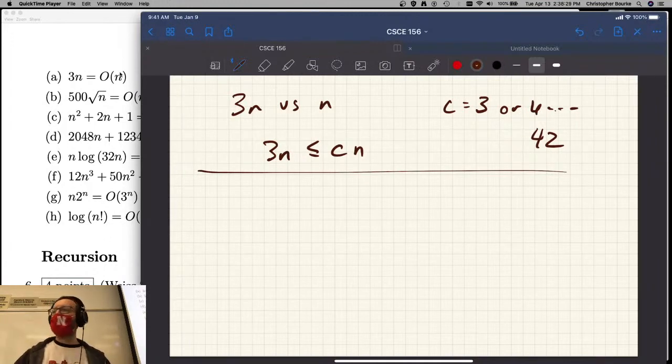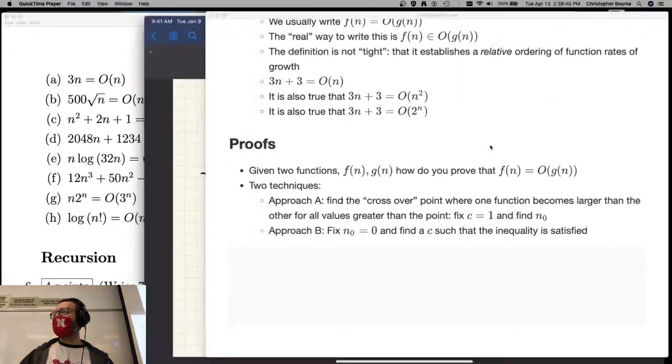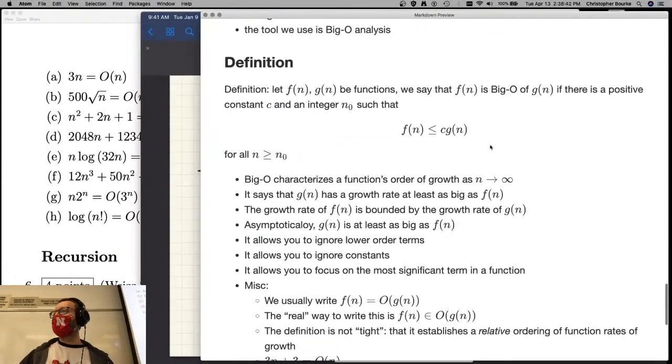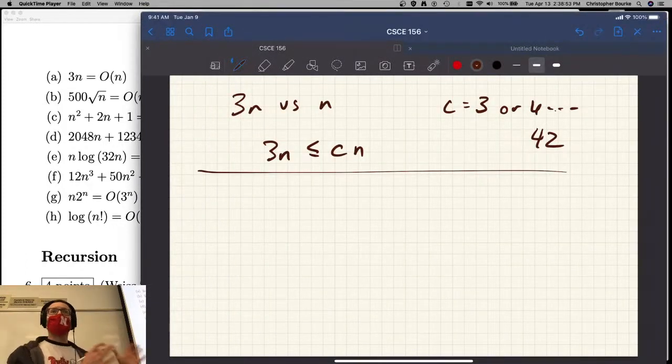Would it be more valuable to express C as an inequality? It's certainly going to be true, but that's not what the definition is. The definition fixes C, and then for all n greater than or equal to n naught. That's where the inequality comes in. But again, you're right in that there are an infinite number of pairs that will work.